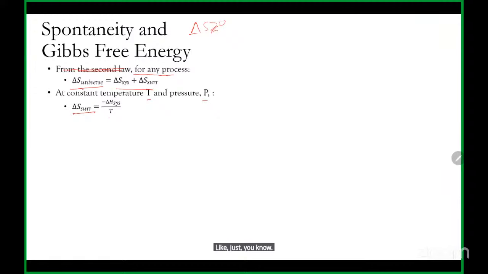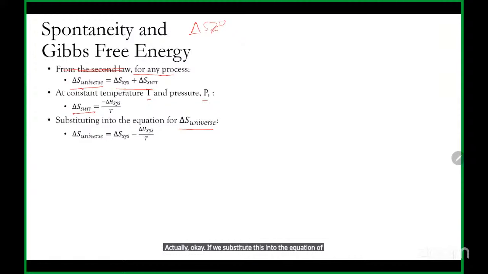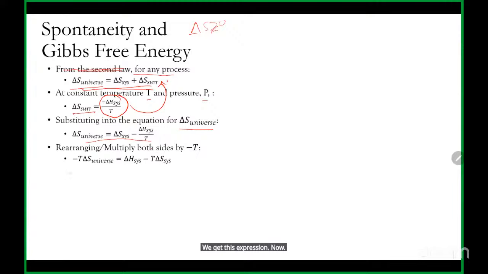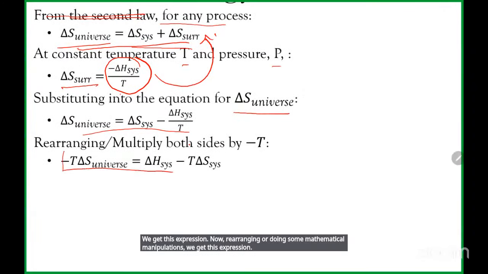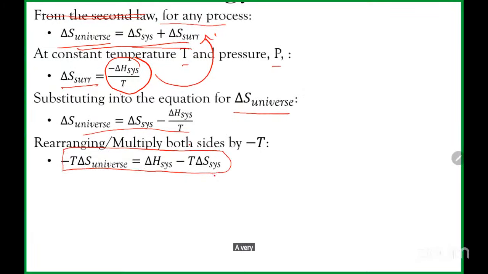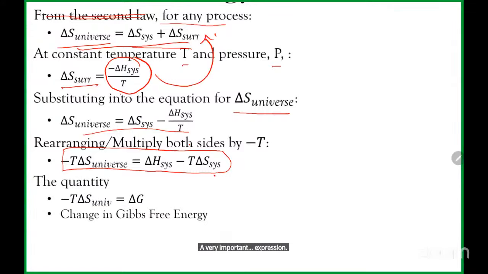If we substitute this into the equation of the universe, that is, put delta S for the surrounding here, we get this expression. Now, doing some mathematical manipulations, we get this expression, a very important expression in the field of thermodynamics.